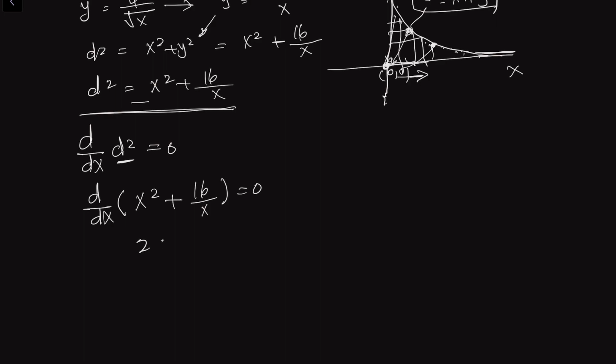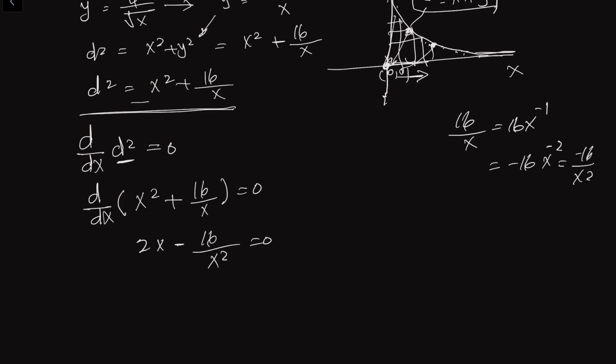The derivative is 2x plus 16 times x to the negative 1, so it will be negative 16 x to the negative 2, which is negative 16 over x squared.